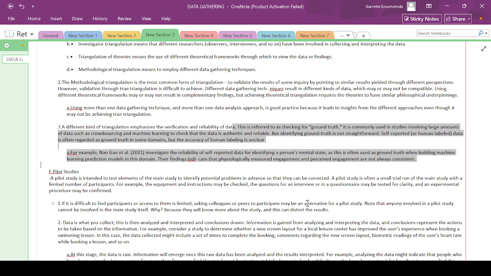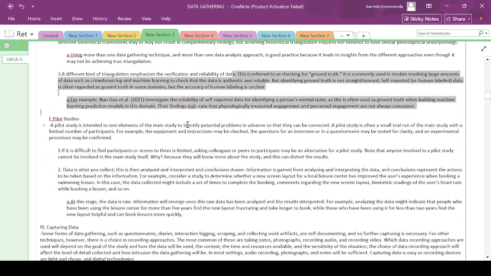For example, Nunn in 2021 investigated the reliability of self-reported data for identifying persons' mental state, as this is often used as ground truth when building machine learning prediction models in this domain. Their findings indicate that psychologically measured engagement and perceived engagement are not always consistent.